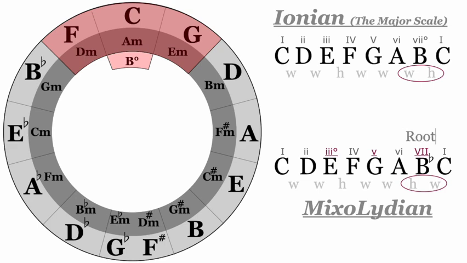First, let's listen to a comparison between the B diminished and the B flat major. We'll do these individually and then move on to the chord progressions.